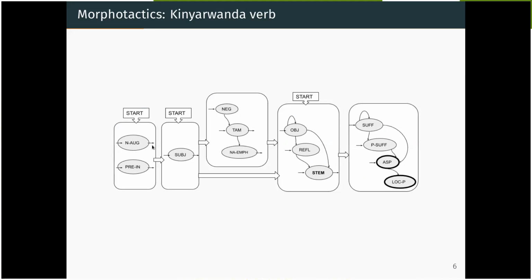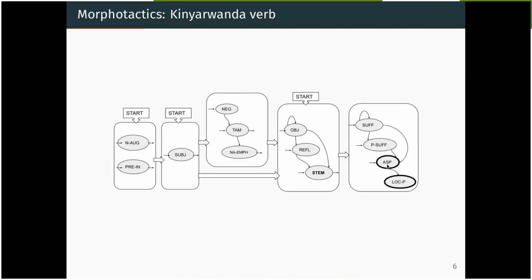So if you follow this graph, it has these five groups, and you need to go through every link to make a word. Initially you have three places where you can start. You can start with the prefixes, or you can start with the subject, or you can start with the object when you're doing an imperative conjugation.